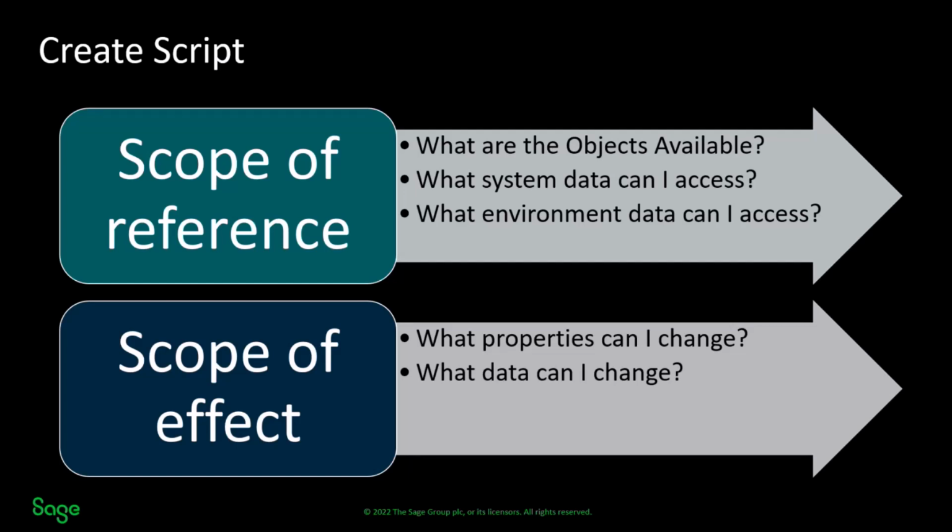What system data can I access at this point? And what environmental data can I access? That's the scope of reference. The scope of effect would be what can I change in terms of the properties of the object that I'm in, or what data can I change for the data that is going to be submitted into the database or eventually processed.